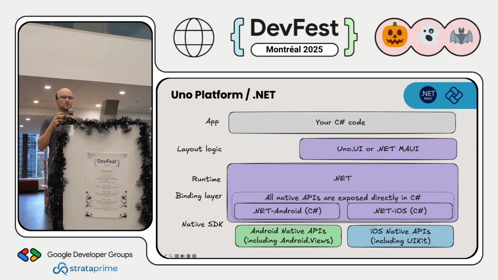So the framework, like Uno UI or .NET MAUI, doesn't need to interop and serialize messages. They can just straight call an API in C#. This has some benefits: you can call native APIs that are part of the Android SDK or iOS SDK directly in C#. The documentation fits more or less, there's just capital letters that change. So that's quite a significant difference.